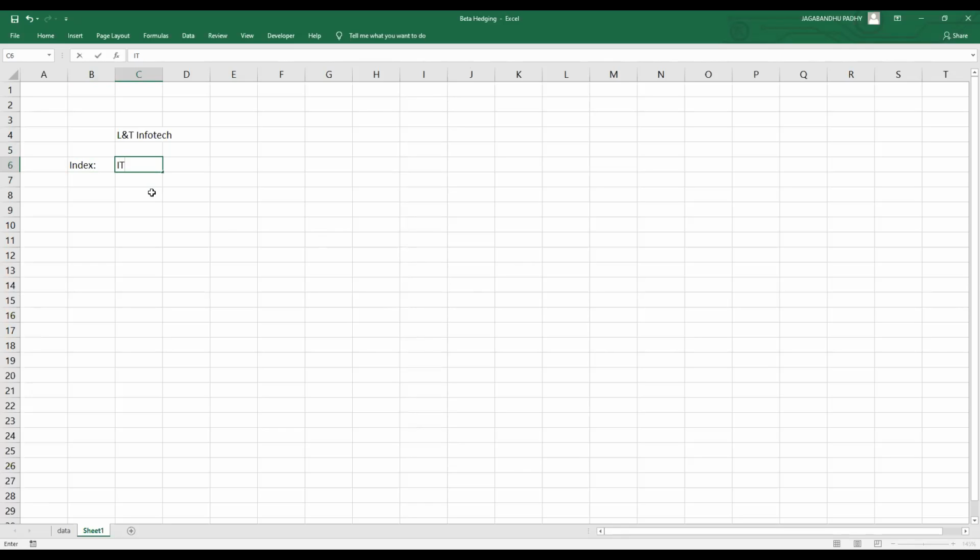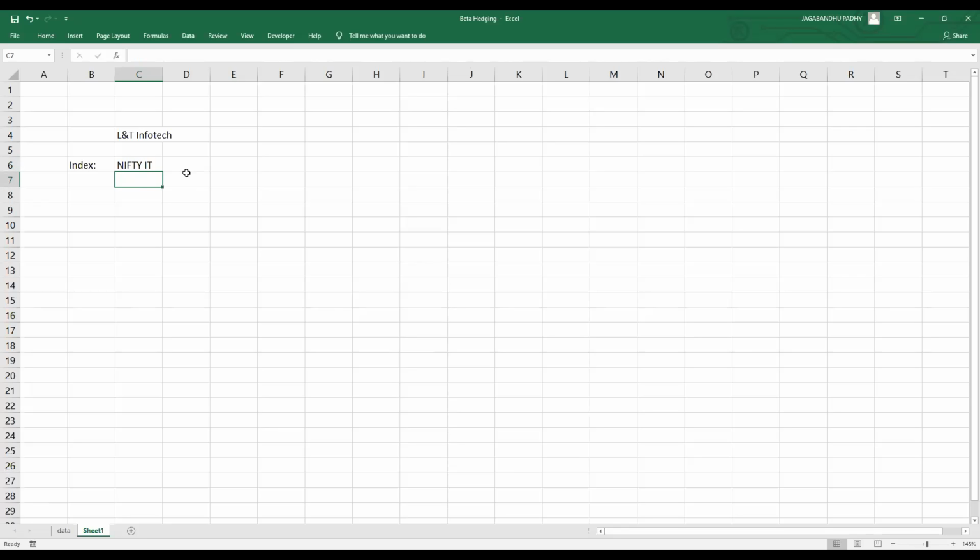Can I say IT Nifty will be a better one? Yes, sir. You have an index called Nifty IT, to be precise. You can look at this Nifty IT as an index.